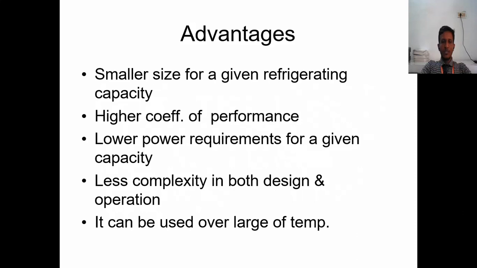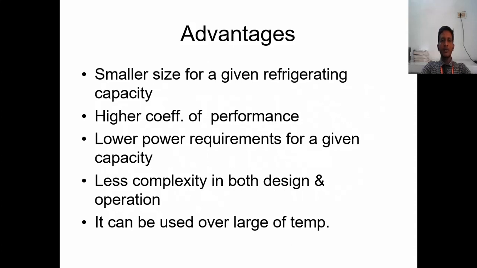I have listed some advantages of the vapor compression refrigeration system. Small size for the given refrigeration capacity. It has a high coefficient of performance, comparing the heat effect to the energy supplied to the system. Lower power is required for the given capacity.